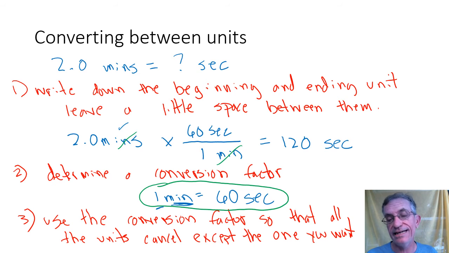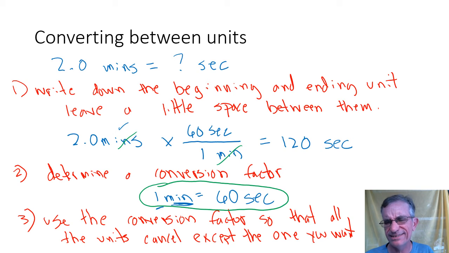And then the other thing that you're always going to want to check is you need to make sure your answer is rounded correctly. So let's just confirm that. Now, conversion factors are considered exact values, which means that we're going to ignore them for rounding.